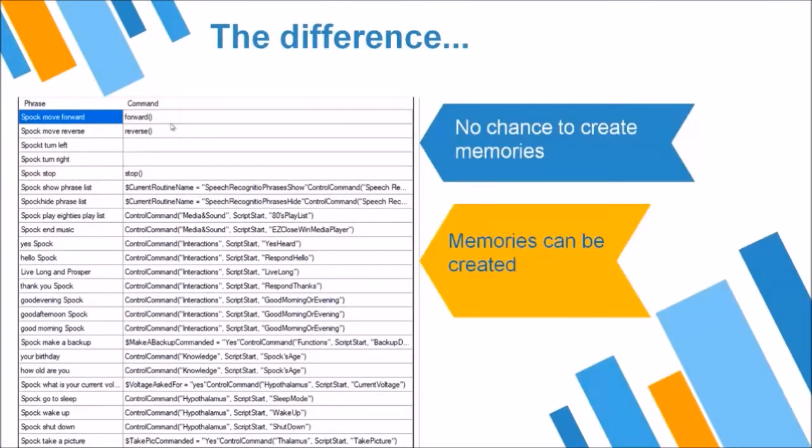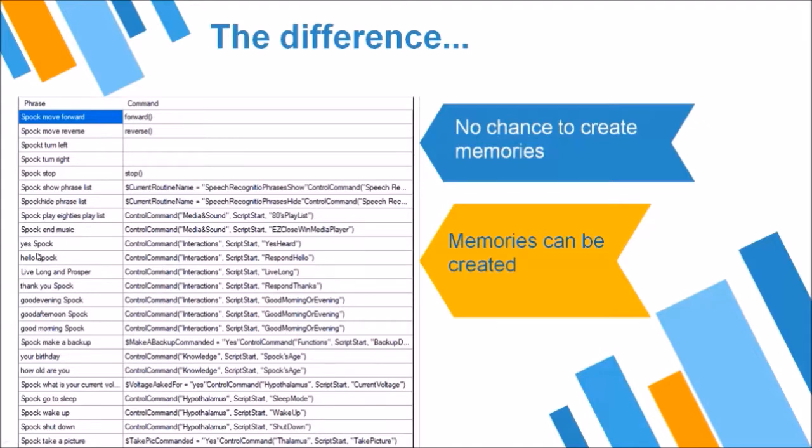And then again, going back to this screen that you're already familiar with, where I said what you say or what your robot decides to do. Now, we've already covered what you say from this phrase list. So now let's think about things your robot could decide to do. Let's take a look at some of my functions here. Like, let's say my live long and prosper. Or hello, respond hello.